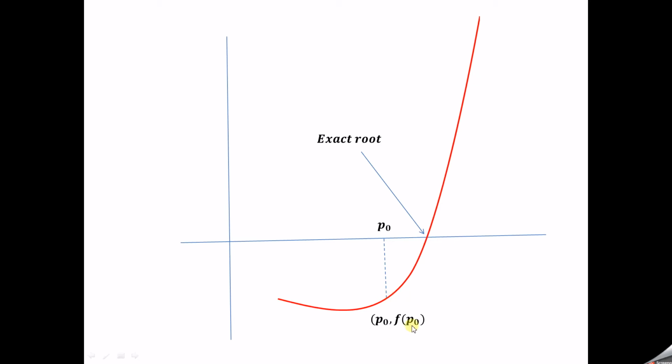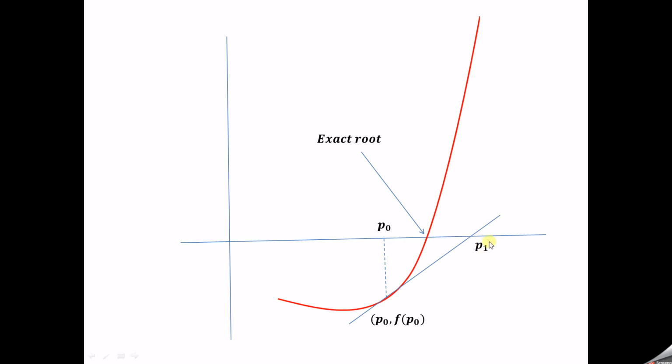This is the tangent line to the curve at this point. This tangent line meets the x-axis at this point. So this is the next approximation P1.